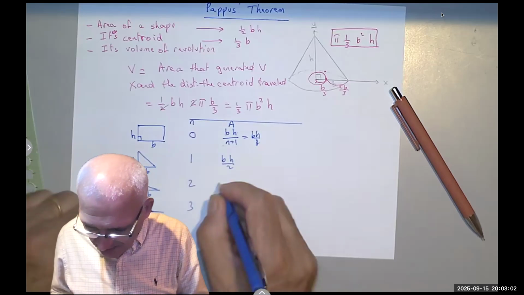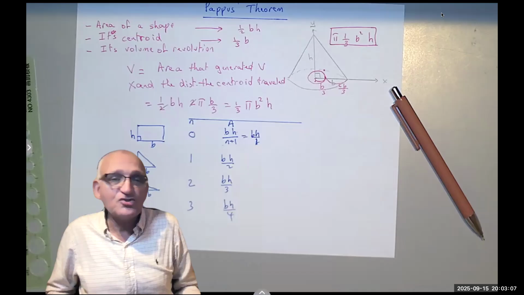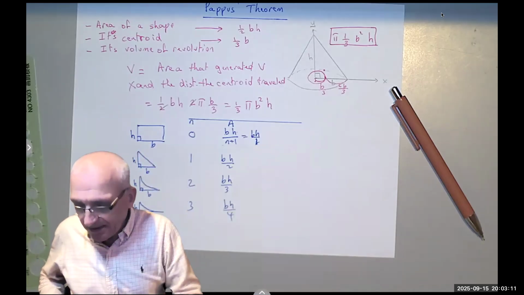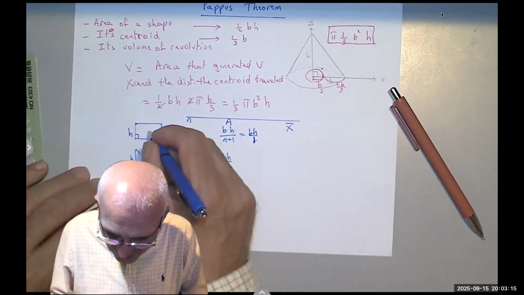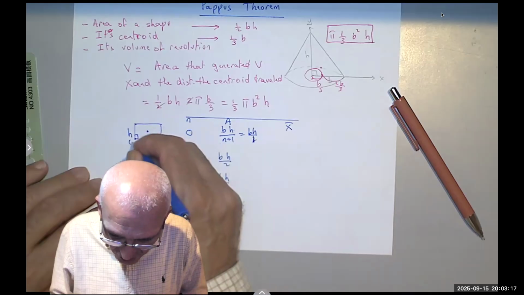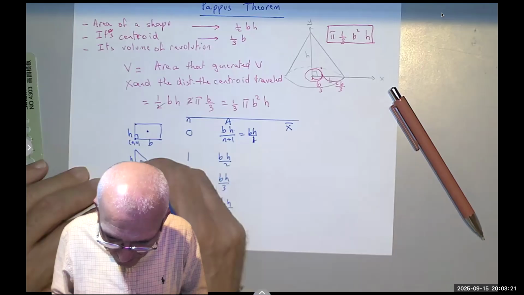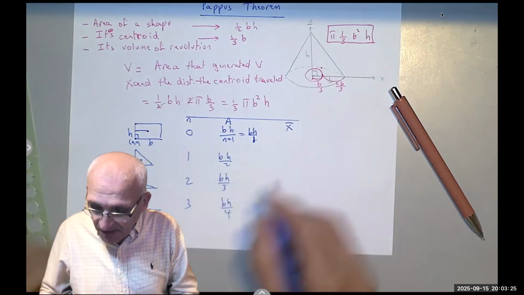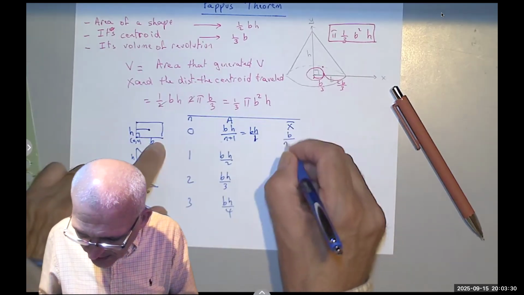I'm sorry, bh over 3, bh over 4, and so on and so forth. Nice? Okay. The x bar, which is the distance of the centroid, assuming this is the origin, that distance, x bar, would be b over n plus 2.